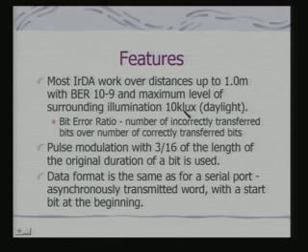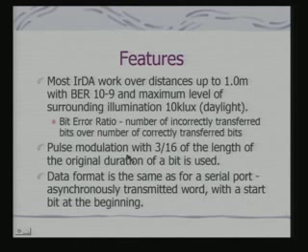So that becomes an important point. Bit error ratio is the number of incorrectly transferred bits over the number of correctly transferred bits. In fact, it is 10 to the power minus 9 over 100 bits.